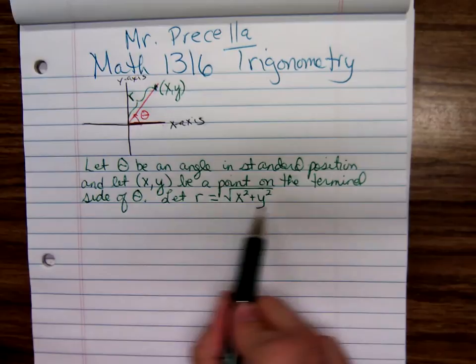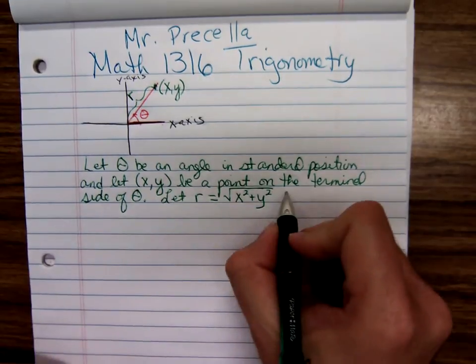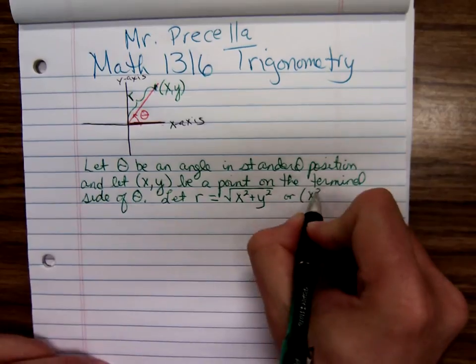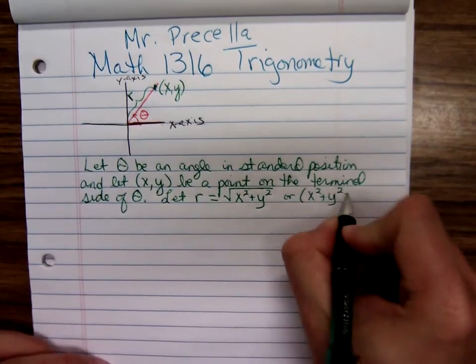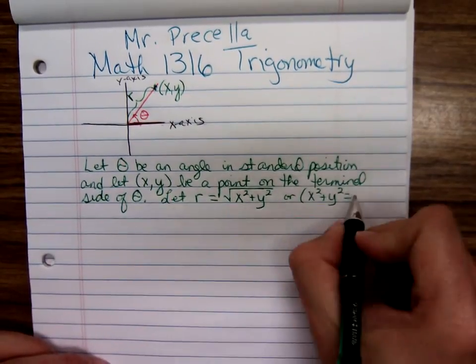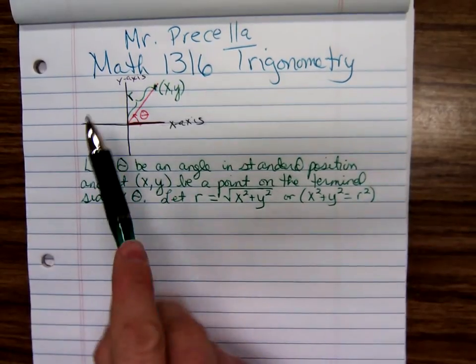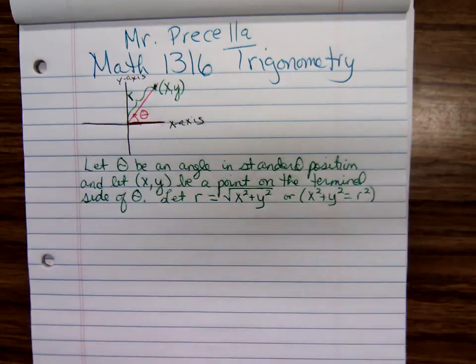Another way you might see that stated is x squared plus y squared equals, if we square both sides, r squared. But r is a positive number. It's that distance from (x, y) to the origin. So that's just setting up the definitions.